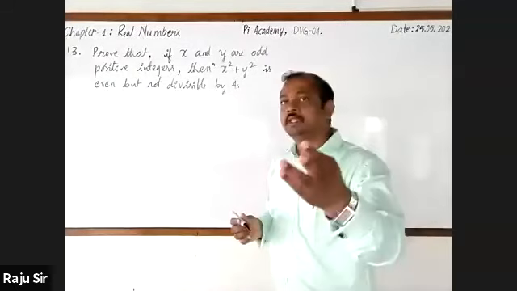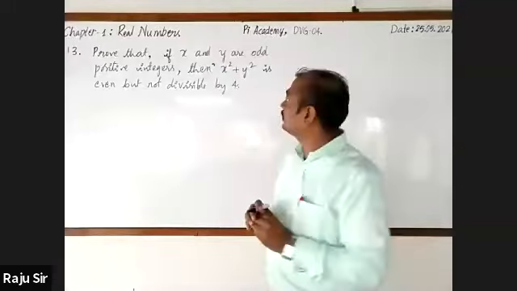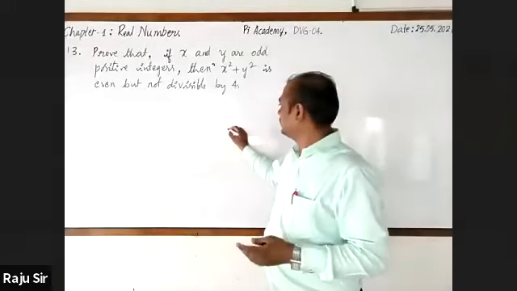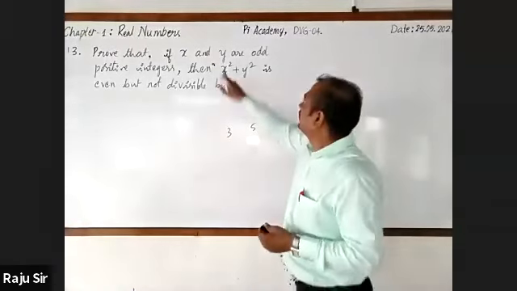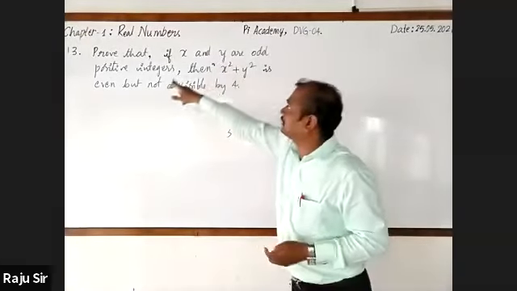Let me take any 2 odd positive integers. Let's take 3 and 5. These two are x and y, odd positive integers.